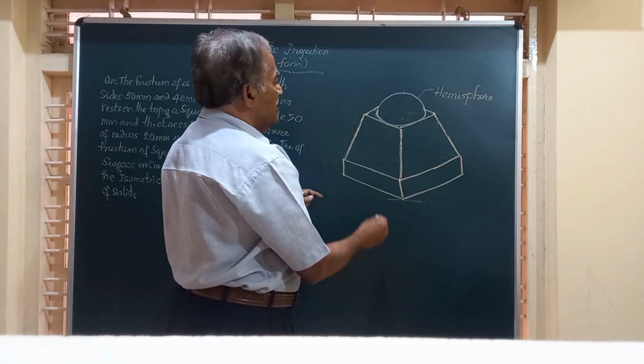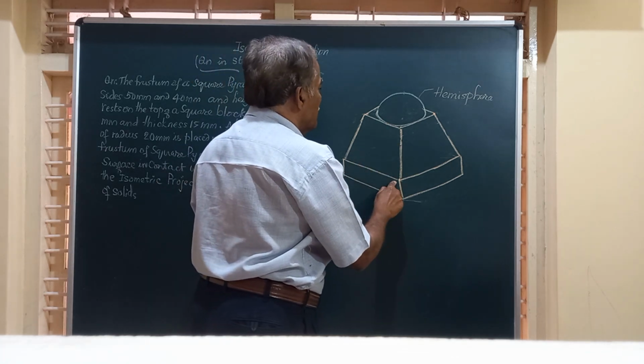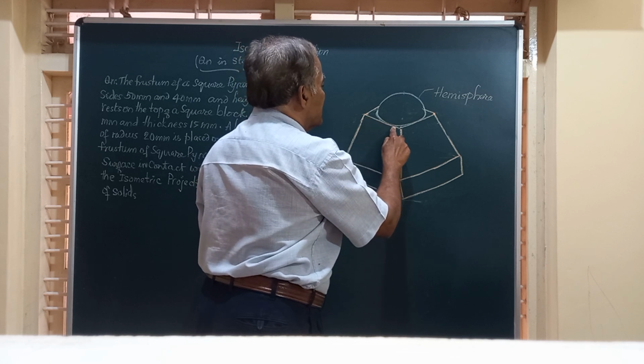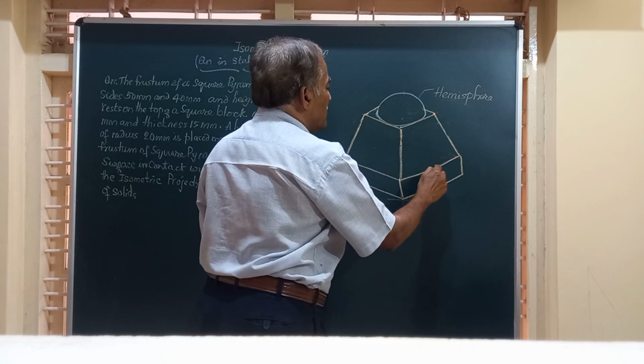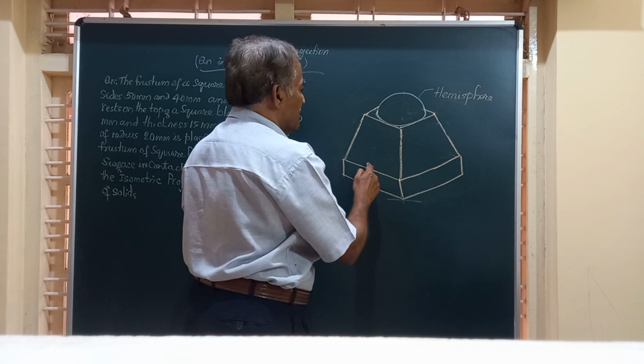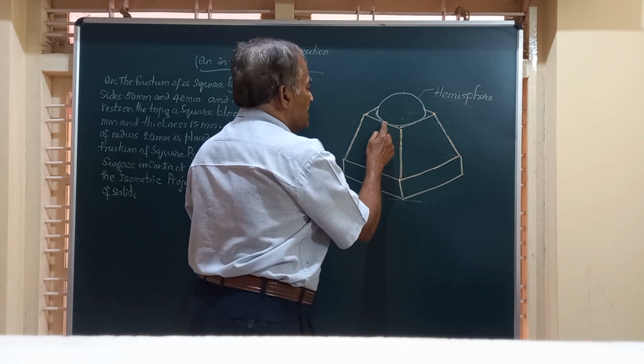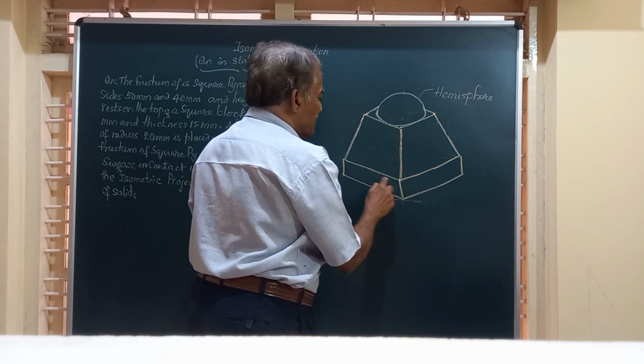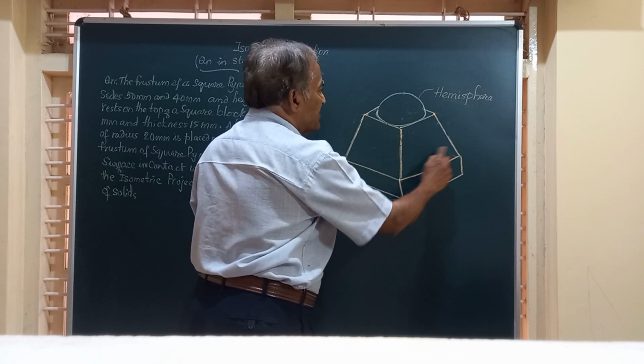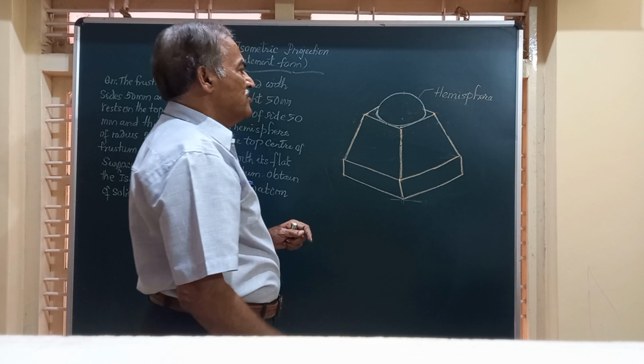This has a dimension of 50 at the bottom, 40 at the top. So all these lines are parallel to each other, friends. So this line is parallel to this. This measures 40, this measures 50. This also 50. Likewise, on the other side also, you have got it.